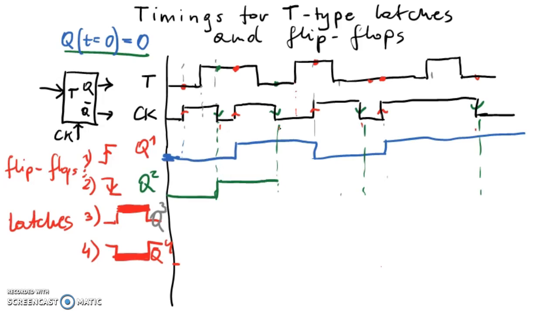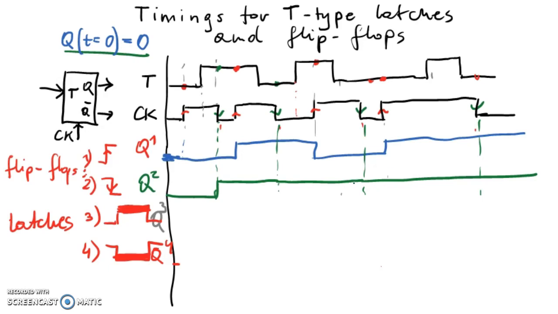Next active edge, T is 0, so it doesn't change its state. 0 again, don't change, and don't change until the end of the timing. So it is quite different, because of the different time points when it can change its state.